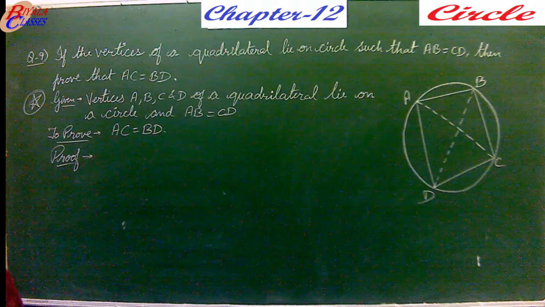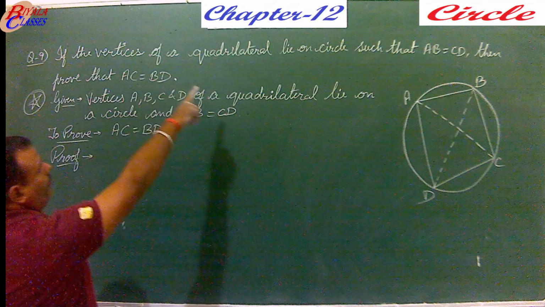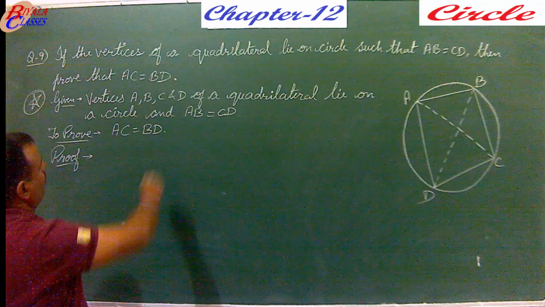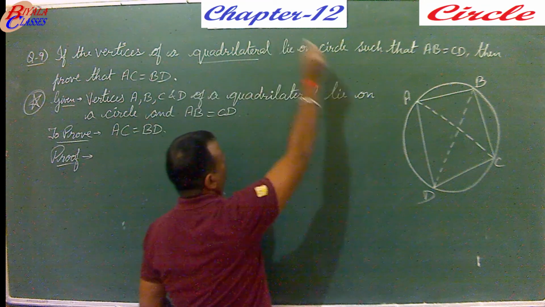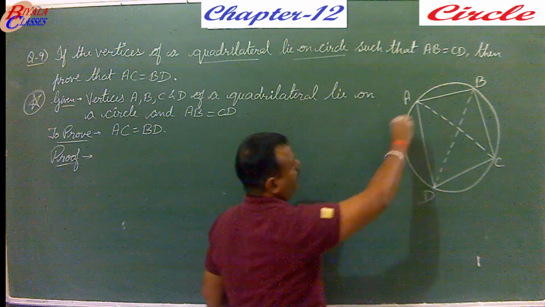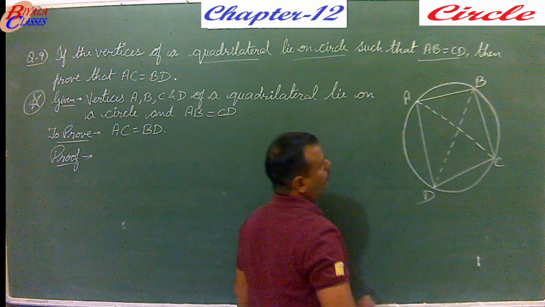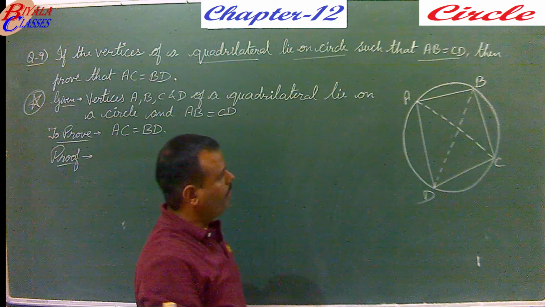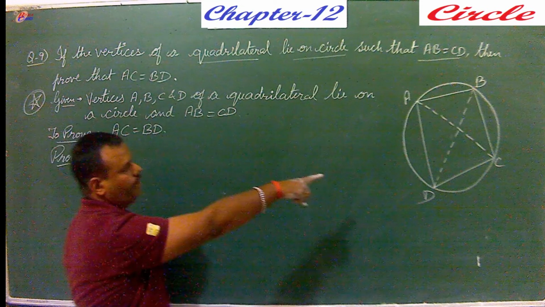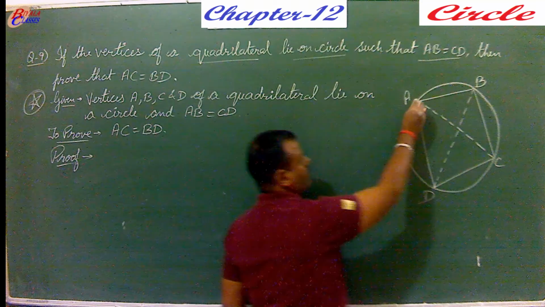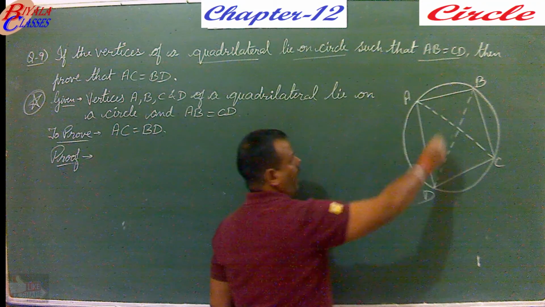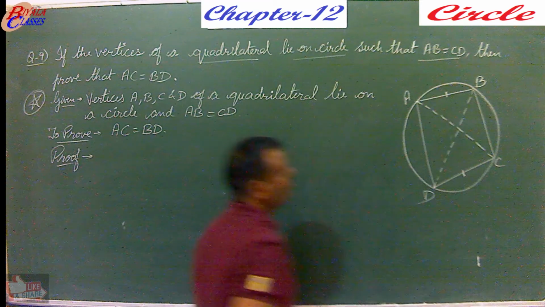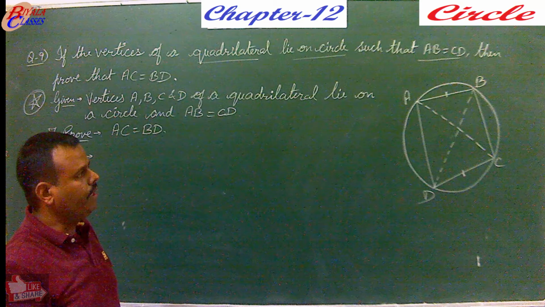So question number 9 says, if the vertices of a quadrilateral lie on a circle. Now what is given? You are given a quadrilateral ABCD where A, B, C and D all lie on the circle, such that AB is equal to CD. These two are equal to each other.